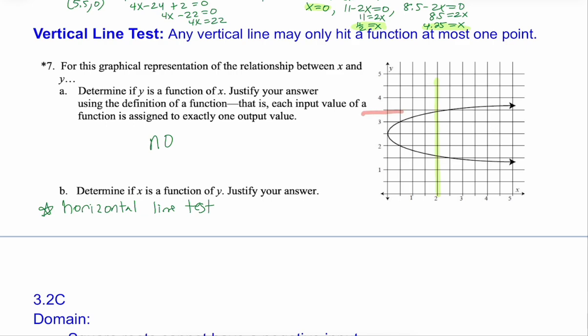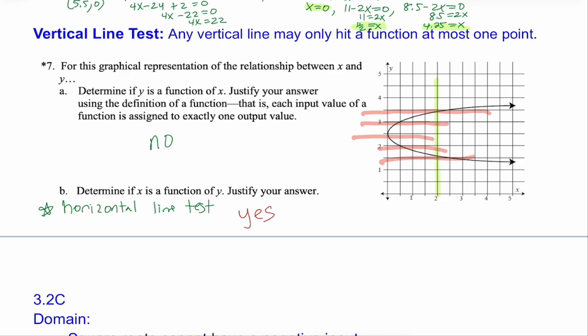So think about once, once, once, once, once. So in that case, that's a yes, it is. So if a vertical line hits it once, y is a function of x. The x's inputted will only ever give you one y.